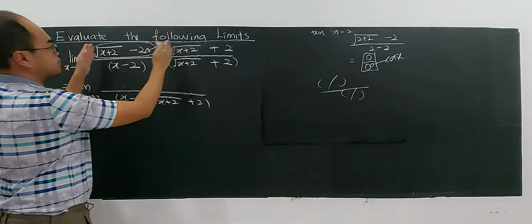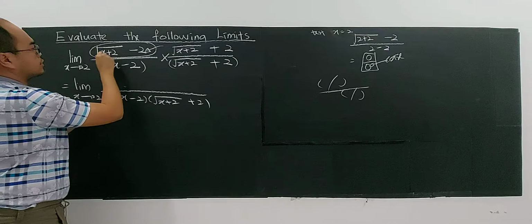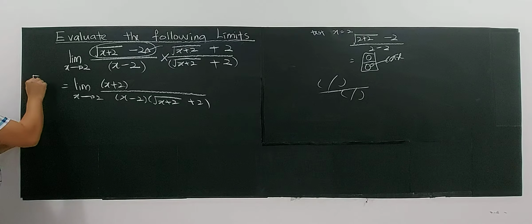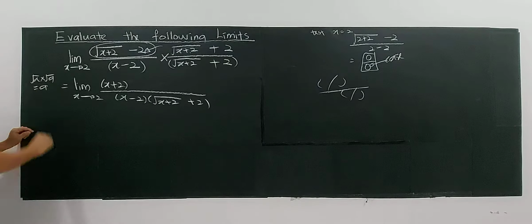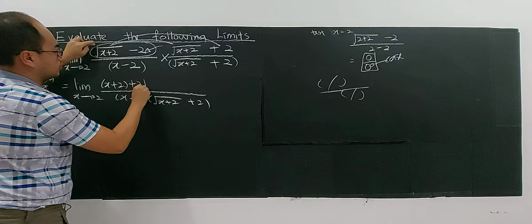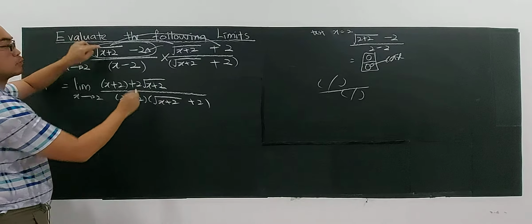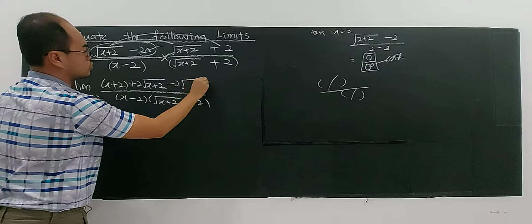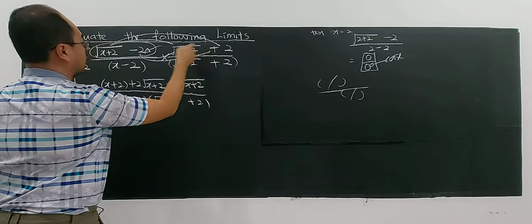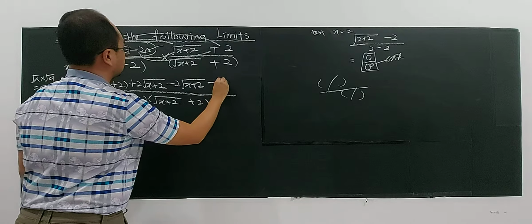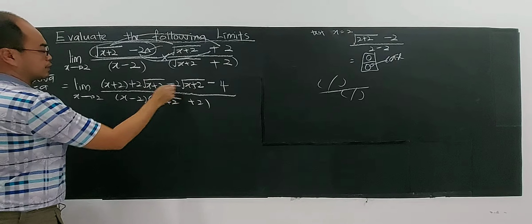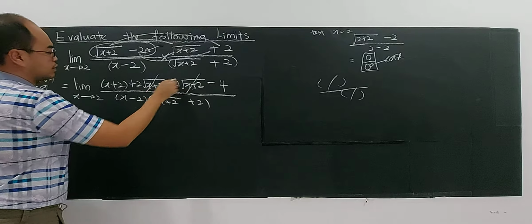Alright, so now you're only expanding these 2. Square root of x plus 2 times square root of x plus 2, you have x plus 2. You know that square root of a multiplied by square root of a gives you a. Now followed by 2 square root of x plus 2, negative 2 square root of x plus 2, right? And lastly, positive times negative, negative 4. So you will see that these two are identical like terms, one positive, one negative, so they eliminate.